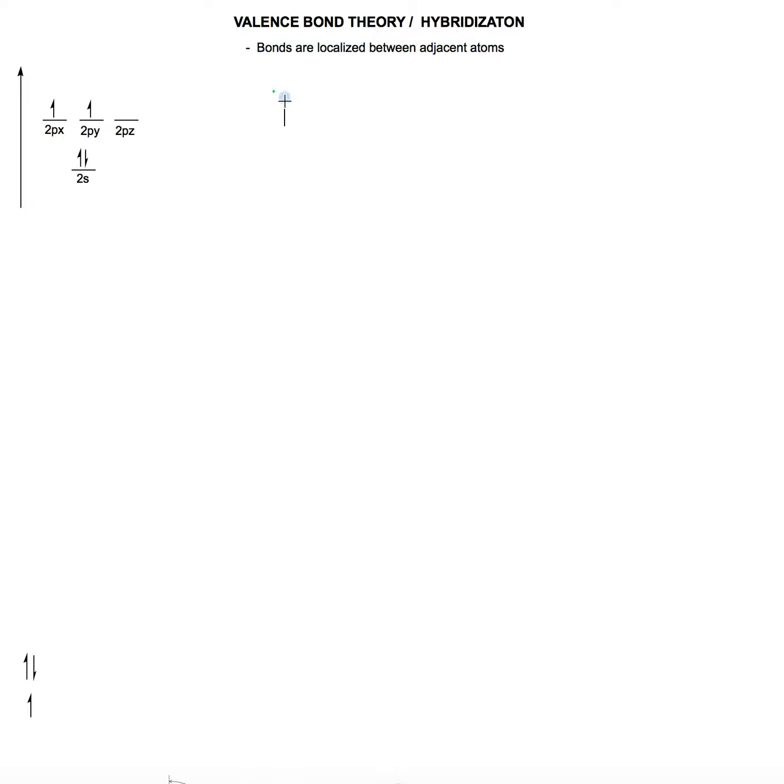I'm going to just draw here a very simple organic molecule, let's say the molecule of methane. If carbon were to use its atomic orbitals to form four bonds to four hydrogens here, obviously, because the angle between the p orbitals is 90 degrees, then you would be expecting the angle between these bonds to be also 90.